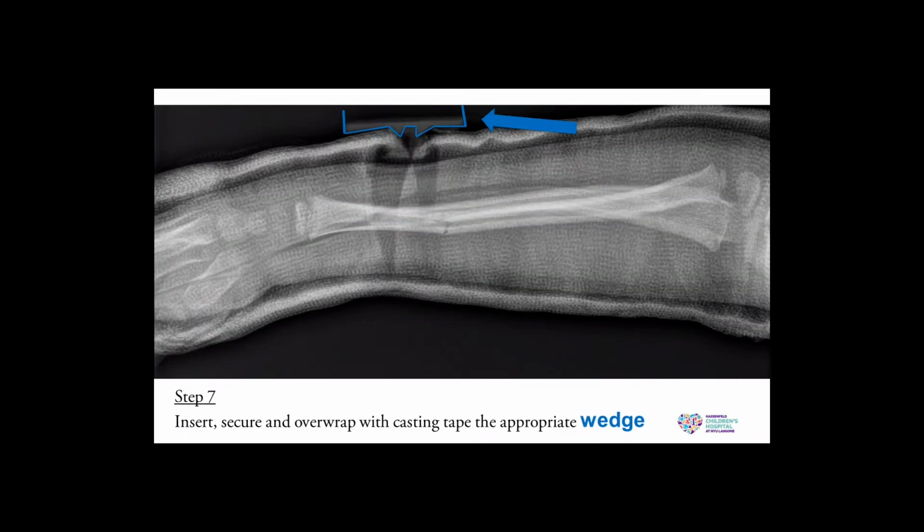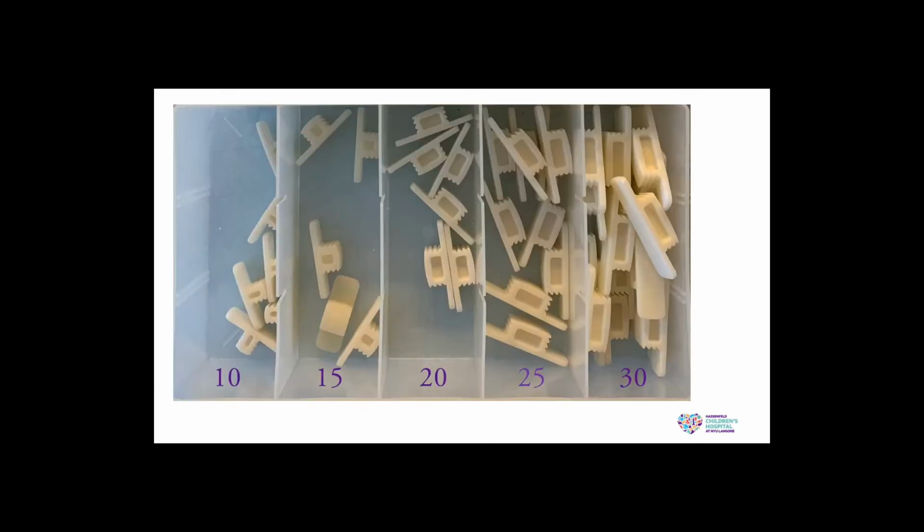Next, insert, secure, and overwrap with casting tape the appropriate sized wedge that has been pre-selected. Wedging kits with multiple sizes are commercially available.